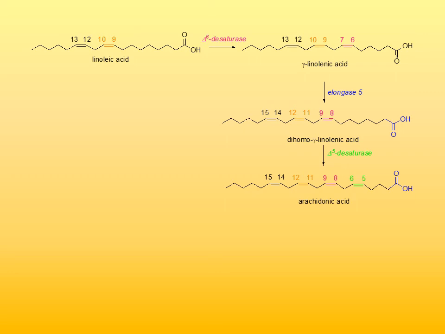And finally, the enzyme delta 5 desaturase converts dihomo-gamma-linolenic acid into arachidonic acid by introducing the remaining fourth double bond in position 5. And so the whole biosynthesis proceeds from linoleic acid to gamma linolenic acid, dihomo-gamma-linolenic acid, and finally arachidonic acid.